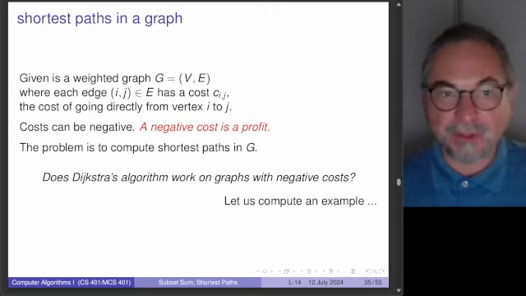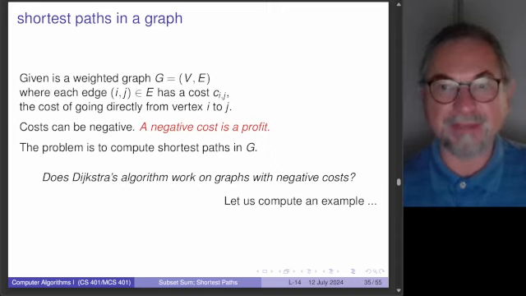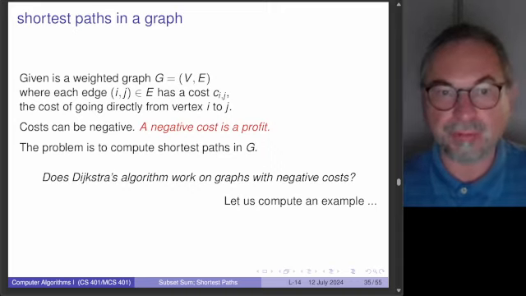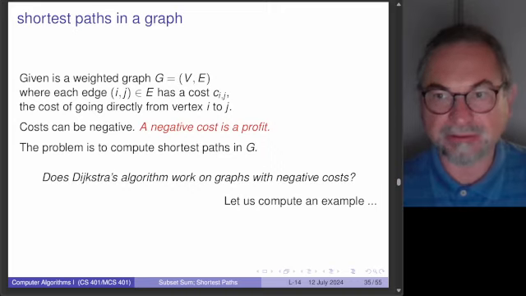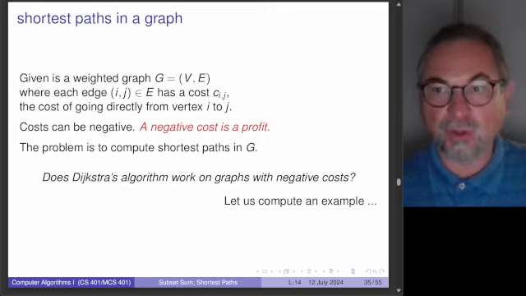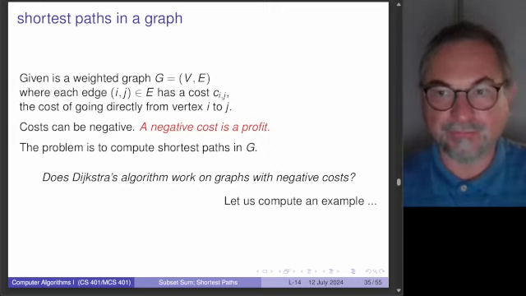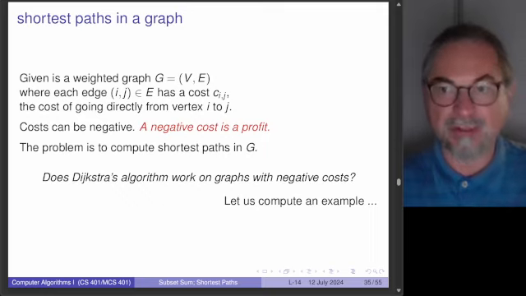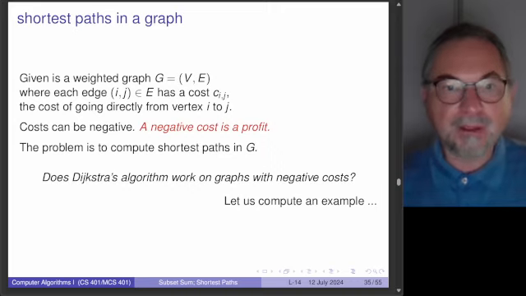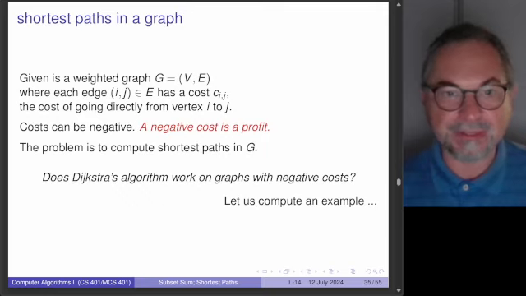Now, the same question can be asked: what about the computation of shortest paths? Now, shortest no longer should be interpreted in terms of distance, so it's no longer directly geometrically meaningful. However, this problem is still very interesting.